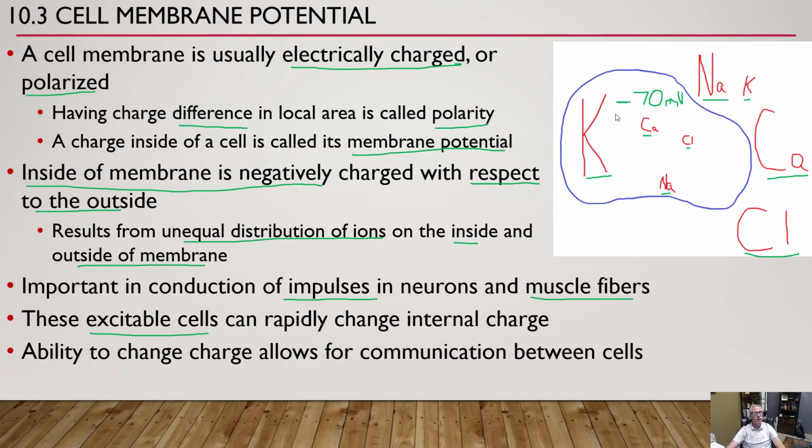We can change this negative 70, and if we change it to a certain number, then we will fire a neuron and create an action potential. So if you've heard terms like depolarization, that's essentially our goal, to depolarize this neuron.